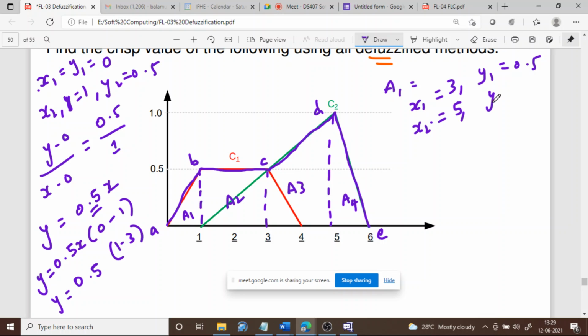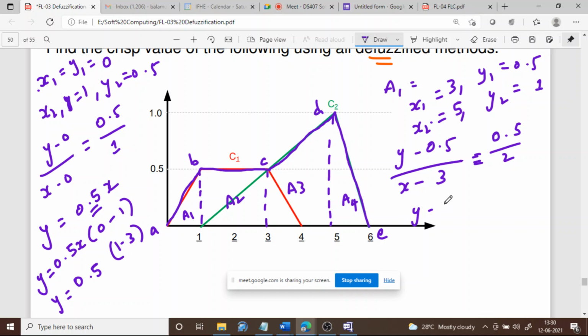Now plug into this formula: y minus 0.5 divided by x minus 3 equals y2 minus y1, 1 minus 0.5 is 0.5, divided by x2 minus x1, 5 minus 3 is 2. 0.5 by 2 is 0.25.